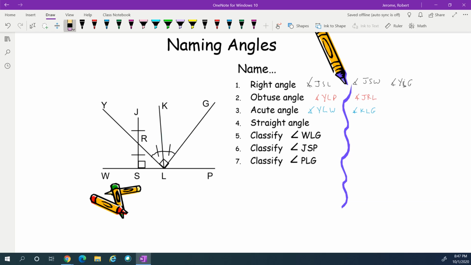How about a straight angle? So again, we need a vertex, and it has to go out on both sides. So we could do something like S is the vertex. One side goes to W and the other side goes to L. So angle WSL.